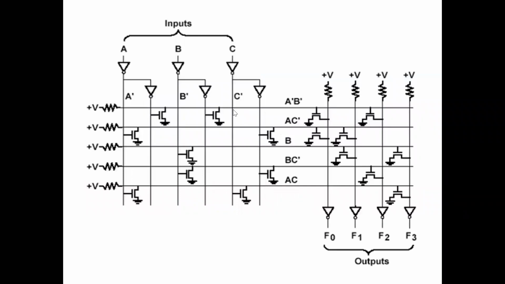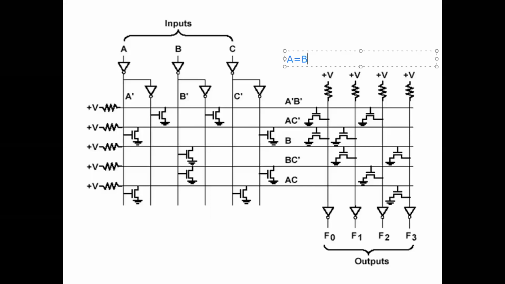As I said, the output here will be A bar B bar, because only when these two are 0 is the output high, and in all the other cases the output will be 0. So you get A plus B whole bar, which is equal to A bar into B bar.